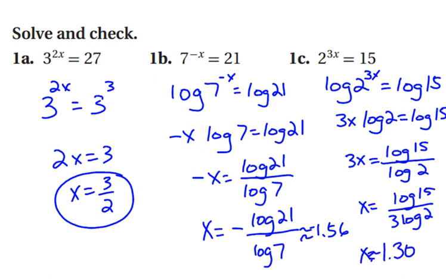So approximately 1.30. That's really all there is to it. If you can, it's a lot easier just to write it as bases, but if you can't, you take the log of both sides. Now notice I just chose the common log. We could have done any other base, but I think the common log, base 10, works out the best.